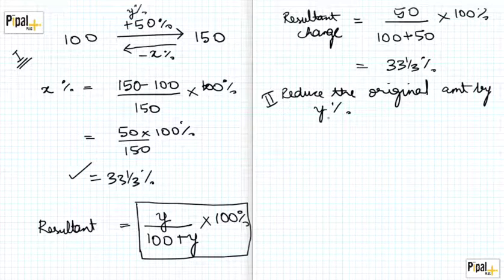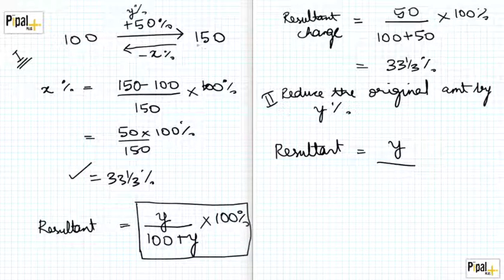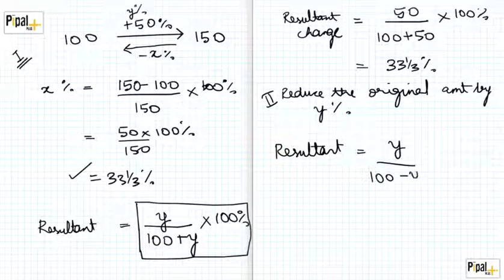Now in this case, to come back after a reduction, the difference is still going to be Y, because I've come back Y percent. So the difference that I must compute is going to be Y. However, the base, like last time when it had increased by 50, this time the base will reduce by Y percent. So the base now becomes 100 minus Y, into 100%.